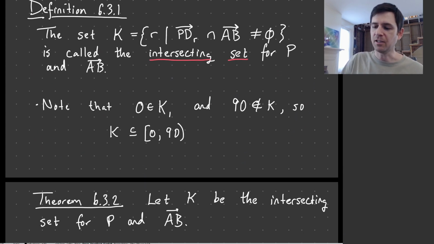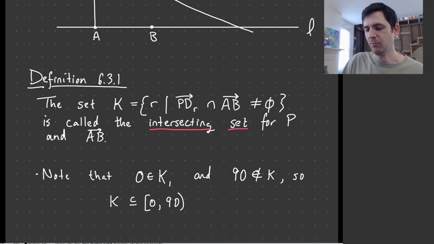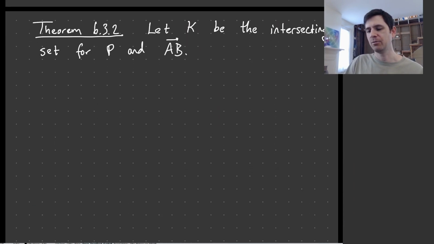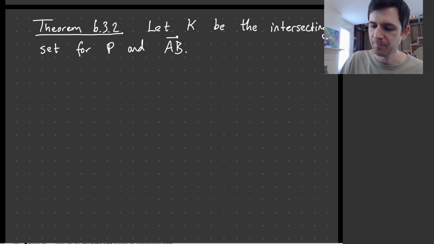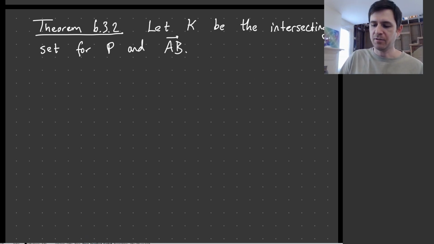Okay, so this is called the intersecting set. And it's called the intersecting set because it's all of the angles for which the line intersects L. So aptly named. Okay, so back to our theorem that we're stating. So theorem 6.3.2 says let K be the intersecting set for P and AB.